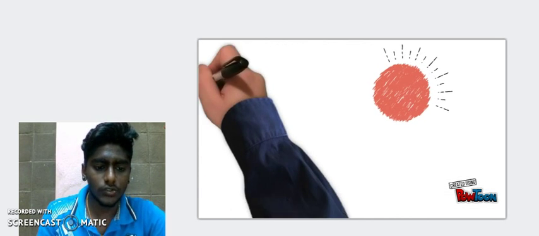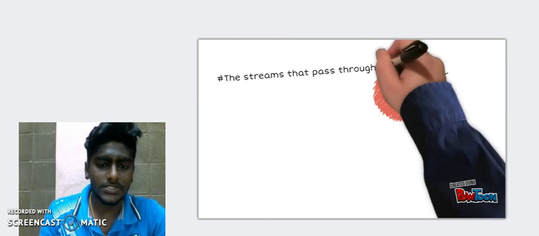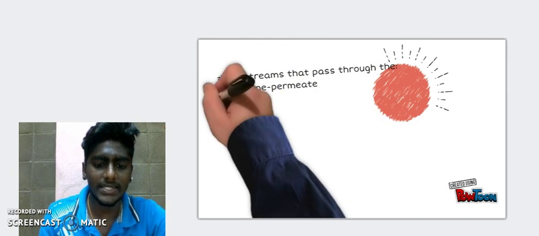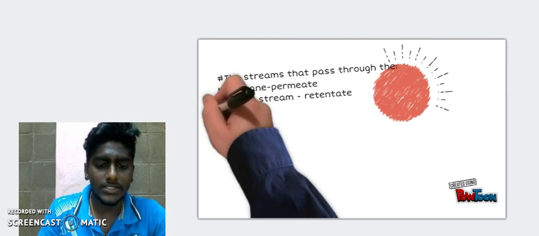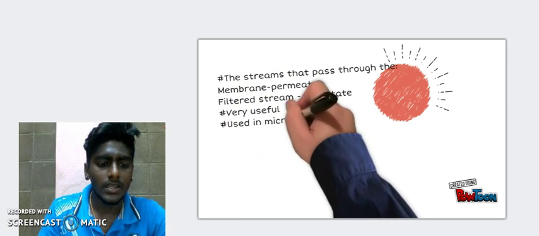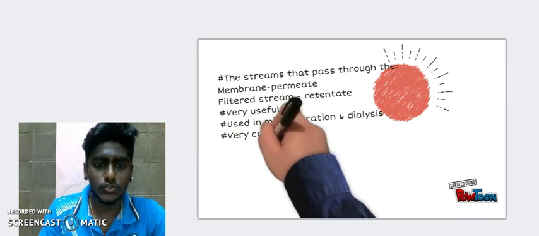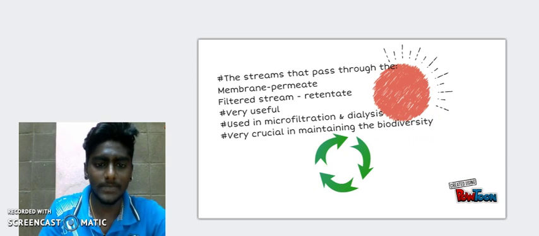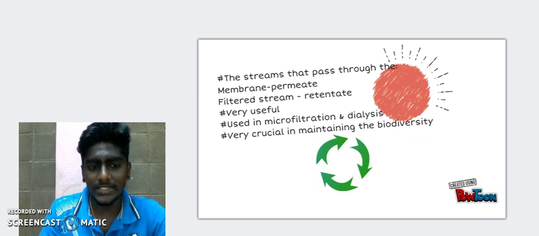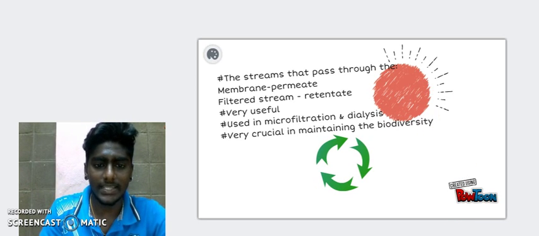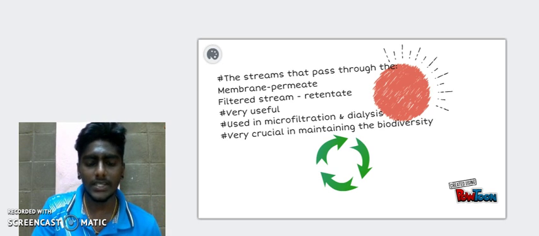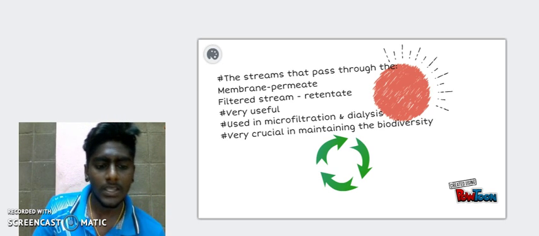So, in conclusion, the membrane separation process has both advantages and disadvantages depending on the process. The stream that passes through the membrane is called permeate, while the filtered stream is called retentate. This is very useful in our current daily life.